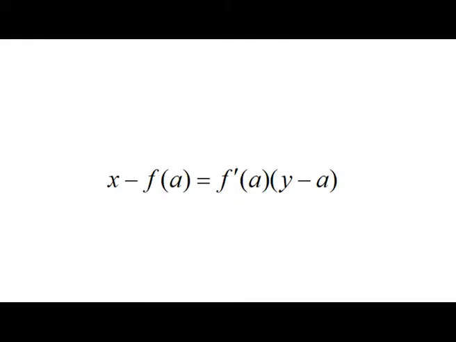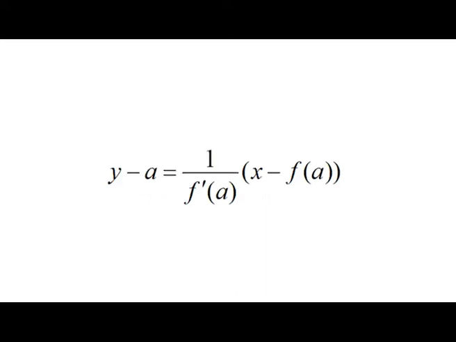Hence, the equation of the tangent line to y equal to f inverse of x at the point (f a, a) can be obtained from that of the tangent line to the graph of f by interchanging x and y, which gives x minus f a equal to f dash a into y minus a, or y minus a equals 1 by f dash a into x minus f a.